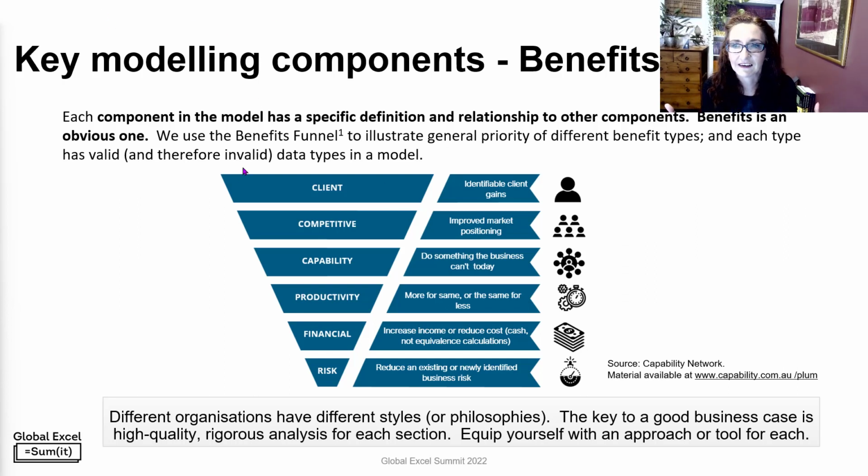When you're modelling benefits, one of the things, and I know a lot of people may disagree with this, but it's really important when you're modelling benefits to work out exactly what is going to impact cash flow. We're going to talk about NPV in a minute, and the benefits that are going to impact the NPV have got to affect cash flow.